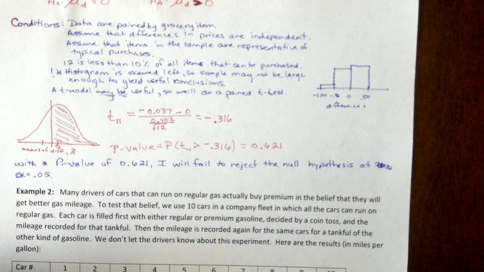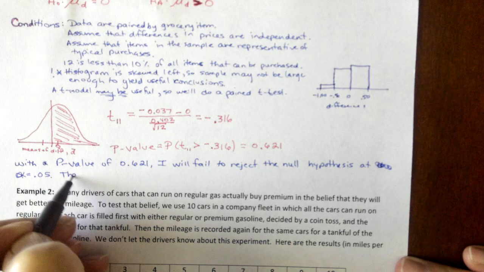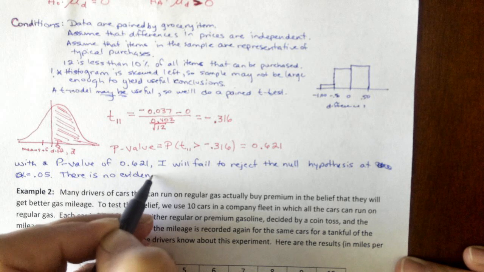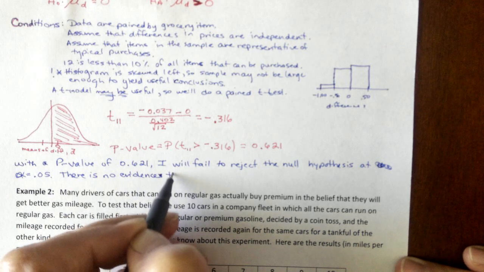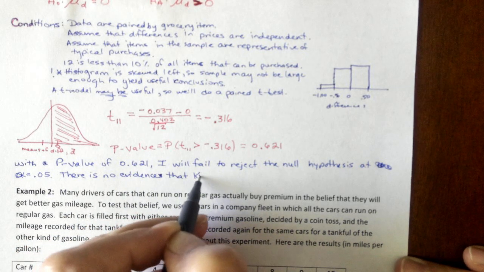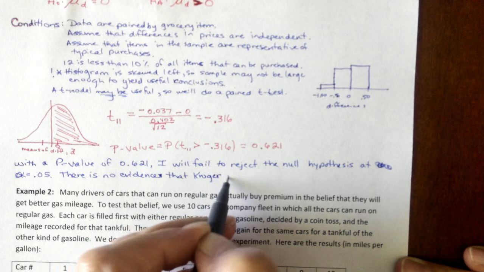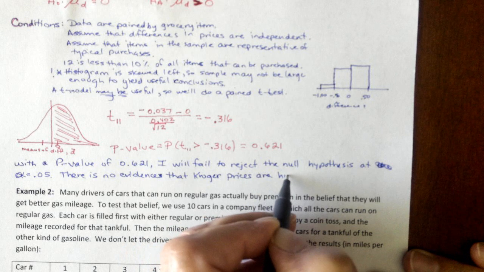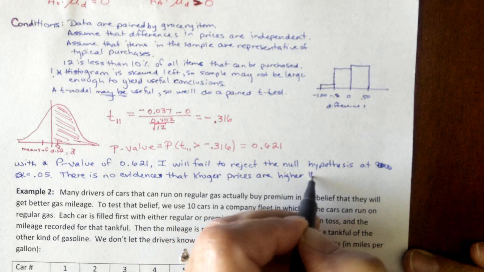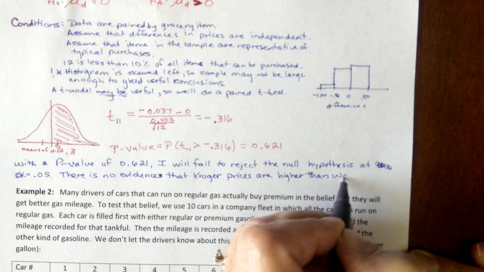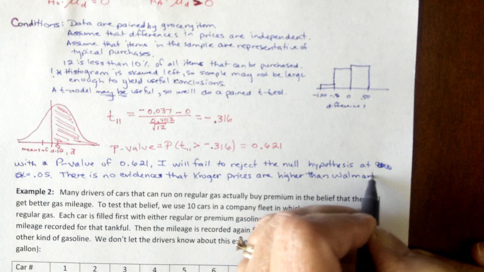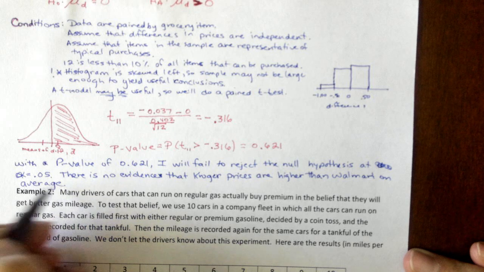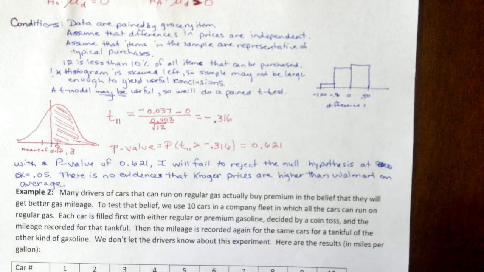I'll just use 0.05. There is no evidence that Kroger prices are higher than Walmart on average. And remember to sneak that word average or mean in there somewhere.